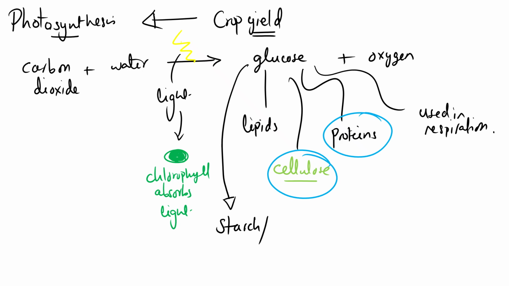That means you're going to increase glucose production, which in turn converts into proteins, cellulose, starch, lipids, the lot, and that helps to promote growth. Okay, so photosynthesis should be linked also with this idea of growth.